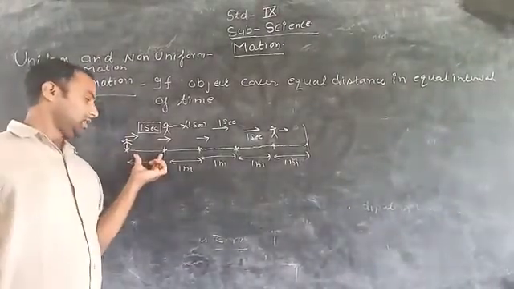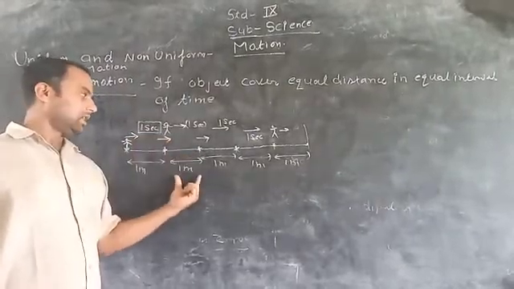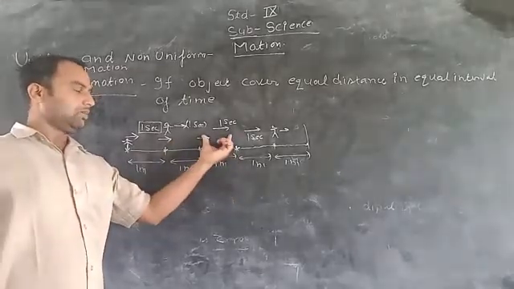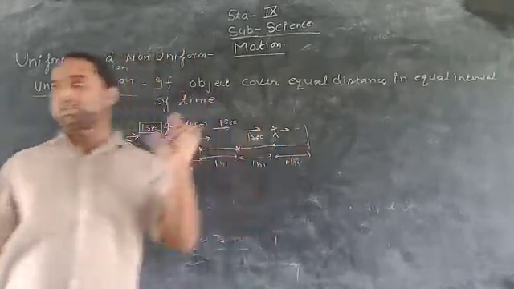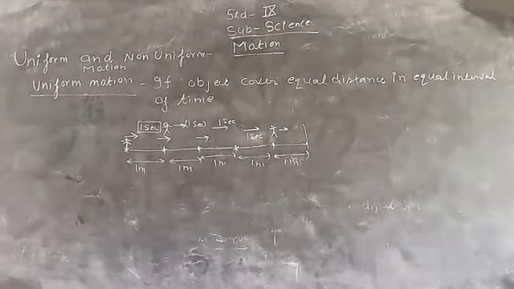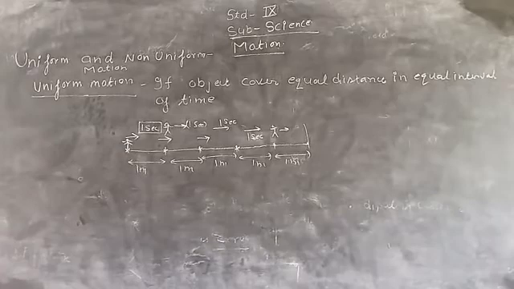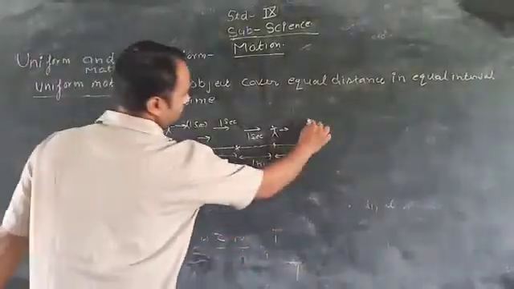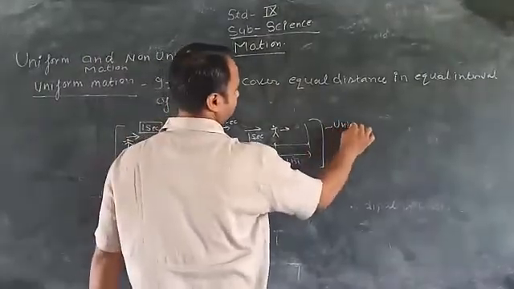Here this gap is 1 meter, covered in 1 second. This gap is 1 meter, 1 second, 1 meter, 1 second, 1 meter and 1 second. All the gaps are equal. When the gaps are equal and the time taken is also equal, we say that this motion is called uniform motion.